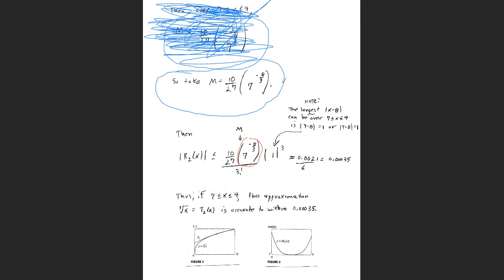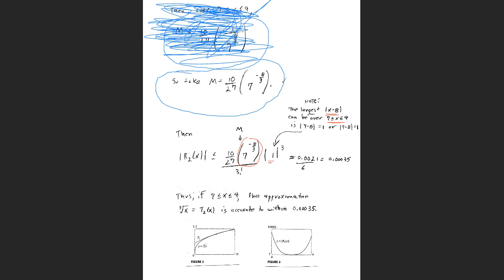But don't forget, we also have the absolute value of x minus 8, raised to the 3rd power. So we want the maximum value for that as well. And when x is between 7 and 9, the largest absolute value of x minus 8 would be 1.